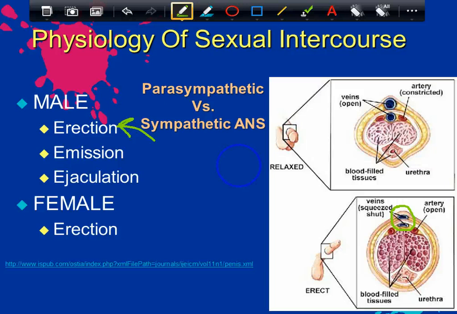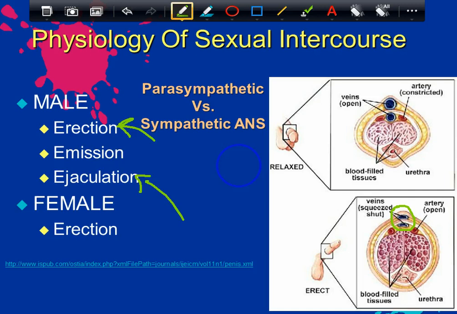Remember, vas deferens goes through the prostate gland as the ejaculatory duct, and it dead ends in the urethra. So now we got the semen sitting there. It's mixed in with prostatic fluid and seminal vesicle fluid. And now we are going to have skeletal muscle contraction in the bottom of the pelvis of the male, and that then squeezes in on that urethra, and those babies go out.